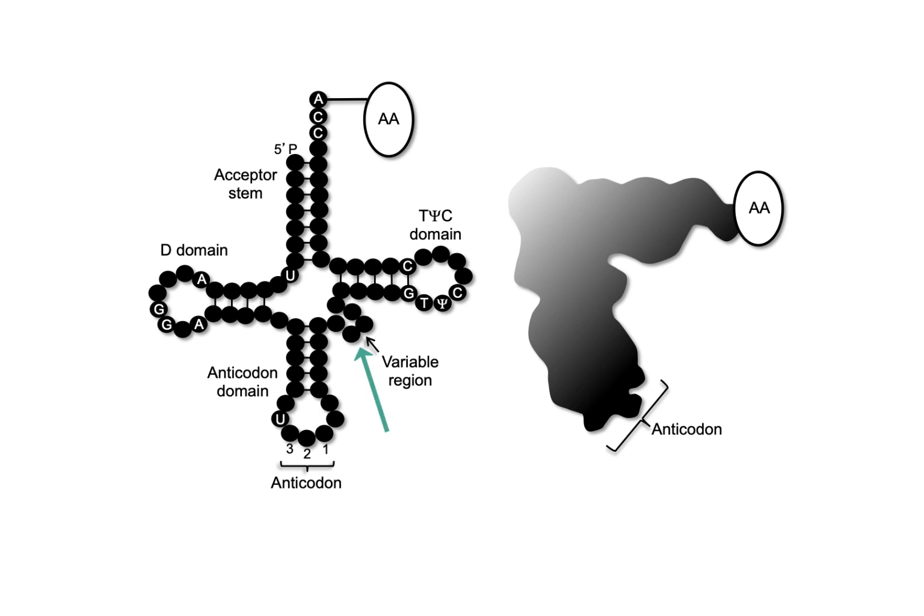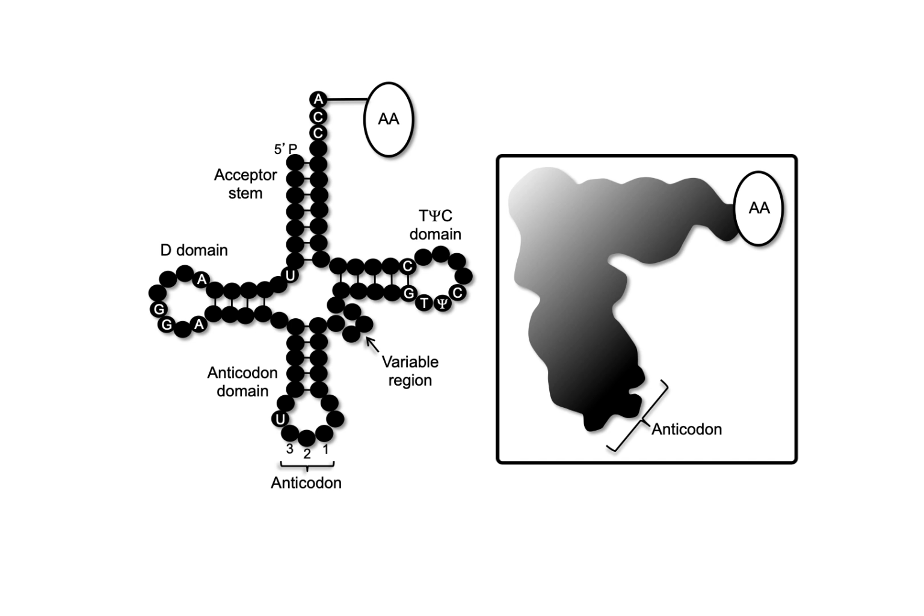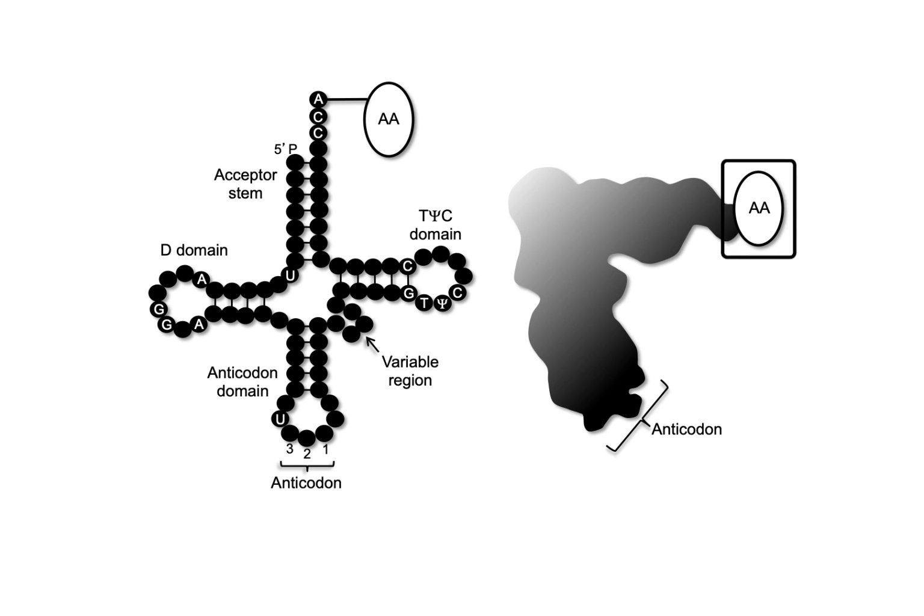A variable loop, and then a T pseudo-C loop, or a T domain here, where you do have a thymidine within the RNA, which is normally found just in DNA, but it's found in RNA in this case. And this is the general shape showing where the amino acid would be attached to the tRNA and the anticodon exposure down here.